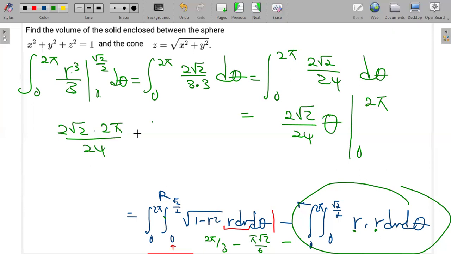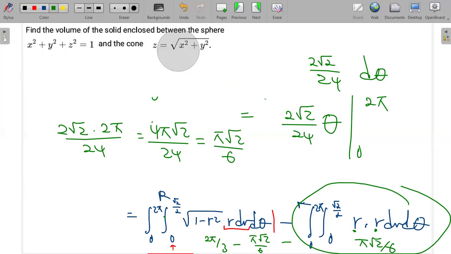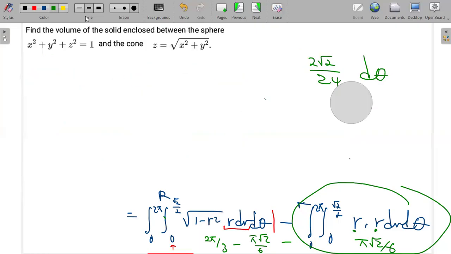So this will be 4 pi root 2 over 24, which is just pi root 2 over 6. So the integral for this part is pi root 2 over 6. So now we can substitute those two integrals that we found to get the volume between these things.